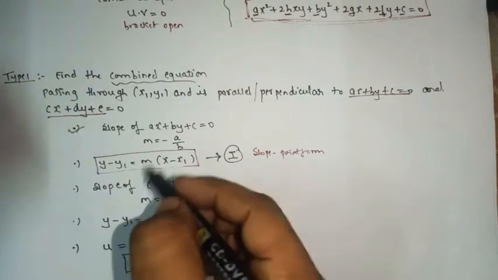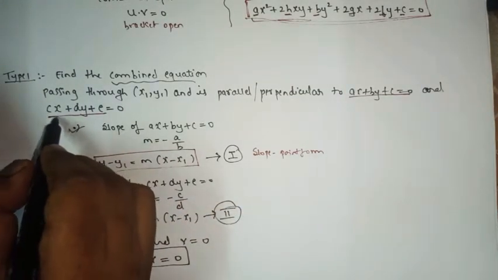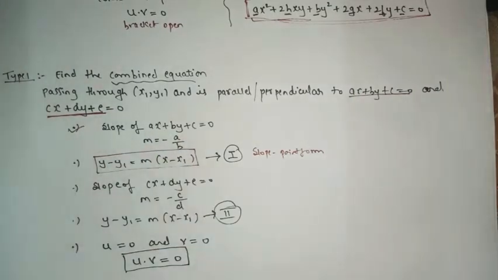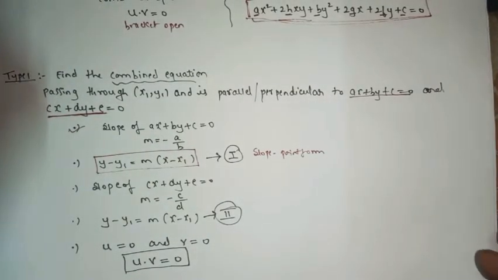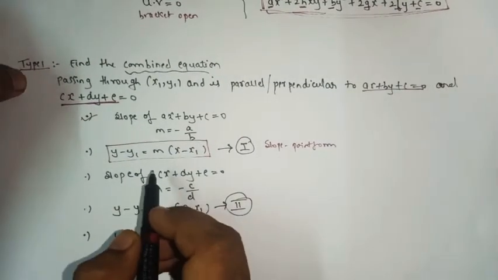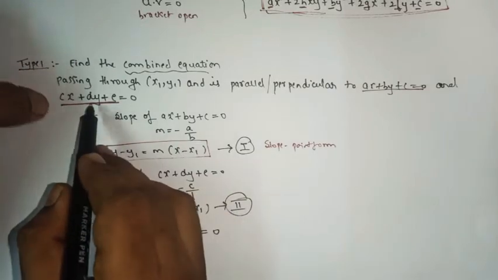In the next step, you will find the slope for this linear equation. As we know, we can find the slope only for a linear equation. Whenever it is a quadratic equation, we cannot find the slope as per the rule of this chapter. Yes or no? So again, find the slope.